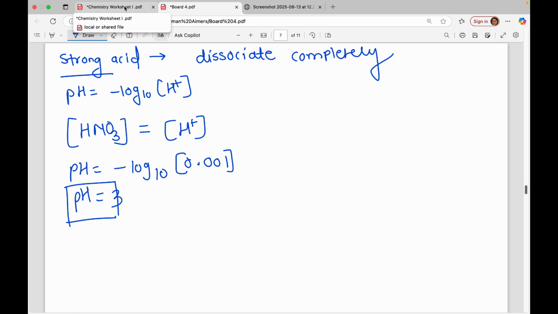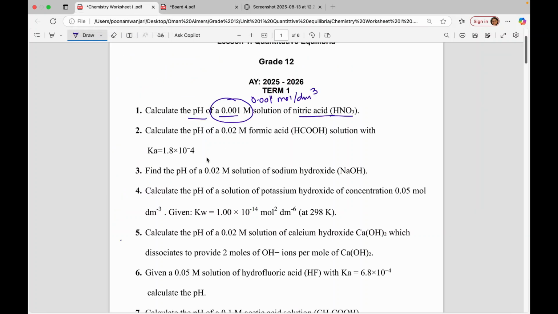You can pause the video and note down. Calculate the pH of 0.02 molar formic acid with Ka is 1.8 into 10 to the power minus 4. So student, here you are given the dissociation constant and formic acid. This is an organic acid. Organic acids are weak acids.